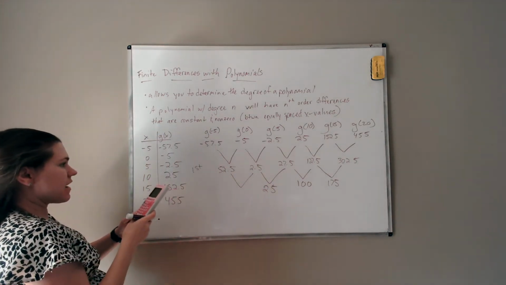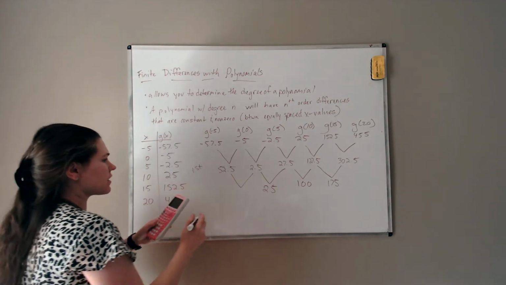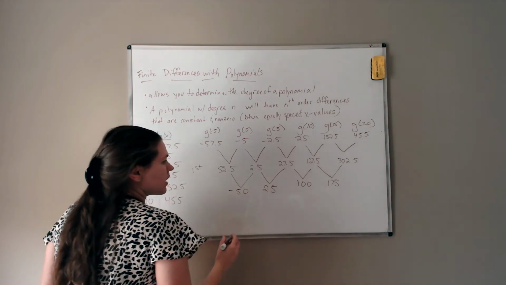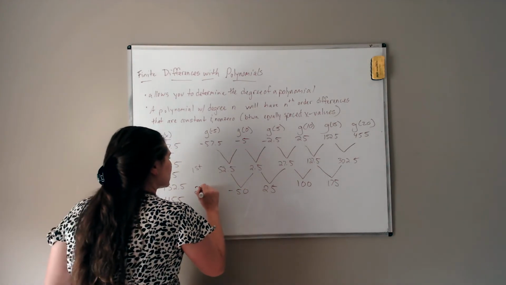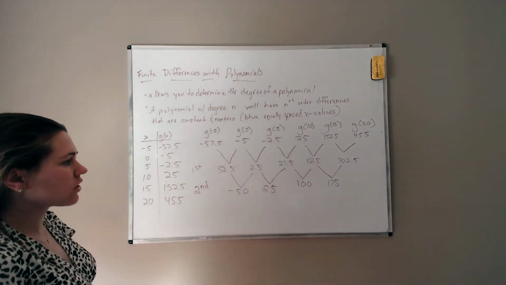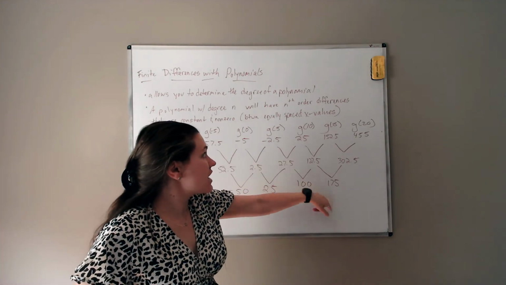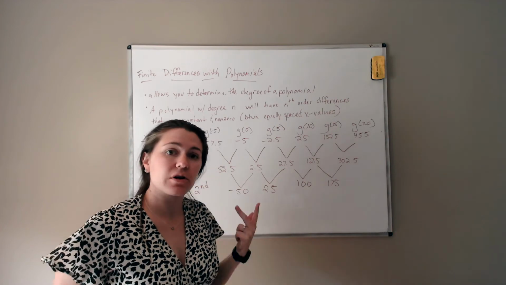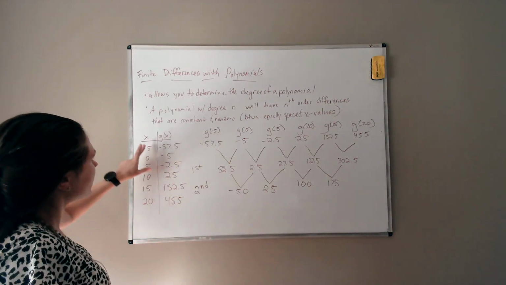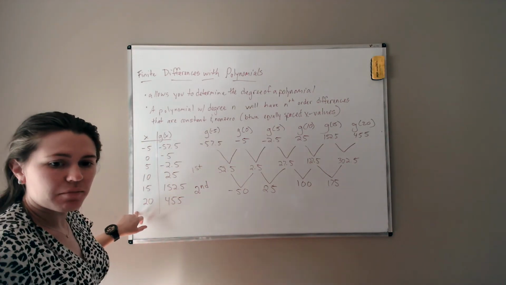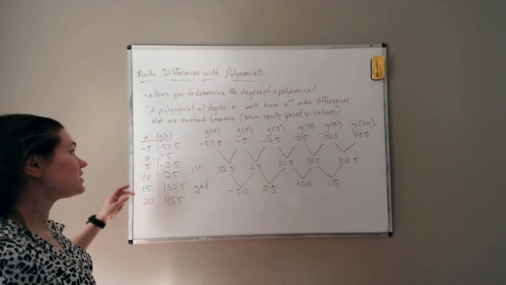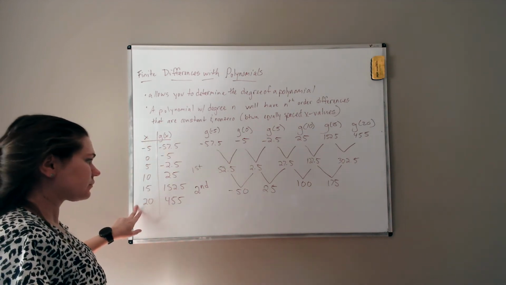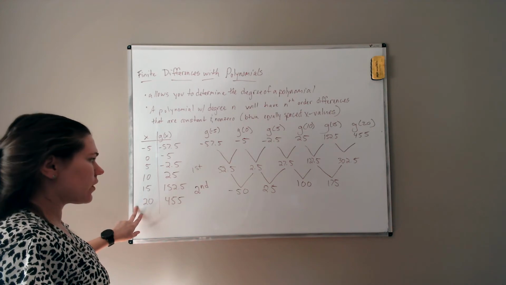What's 2.5 minus 52.5? Negative 50. These are your second order differences. Are these constant and non-zero, meaning are they the same exact value, and not zero? No. What this means is this is not a second degree polynomial, so it is not going to be a quadratic.